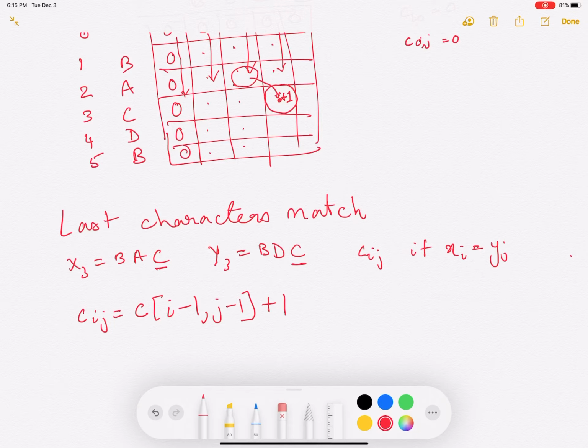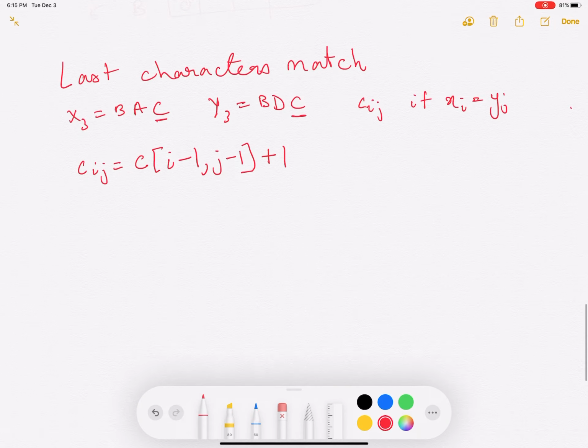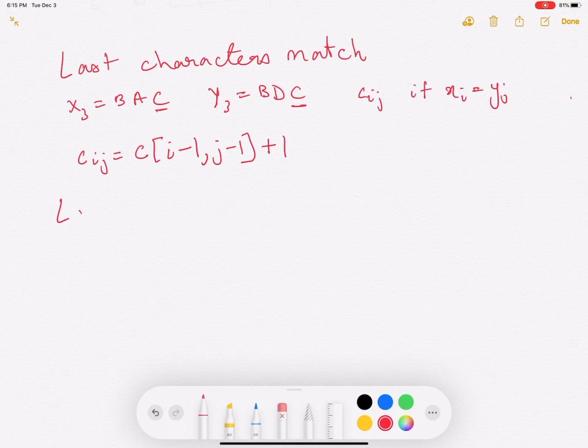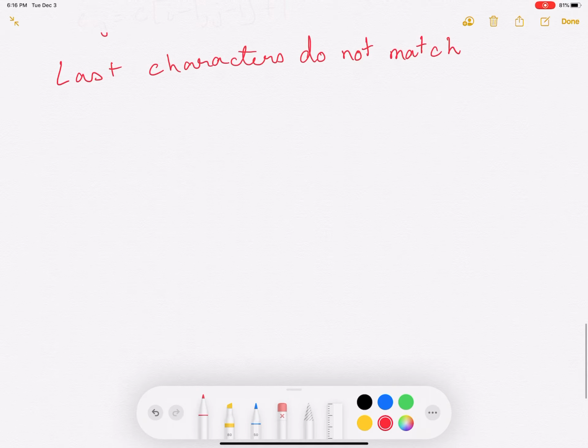The next scenario occurs when the last characters do not match. So let's look at that condition. We considered the case where the last characters match. Now we are considering the case where they do not match. Let's once again draw the table for our convenience.